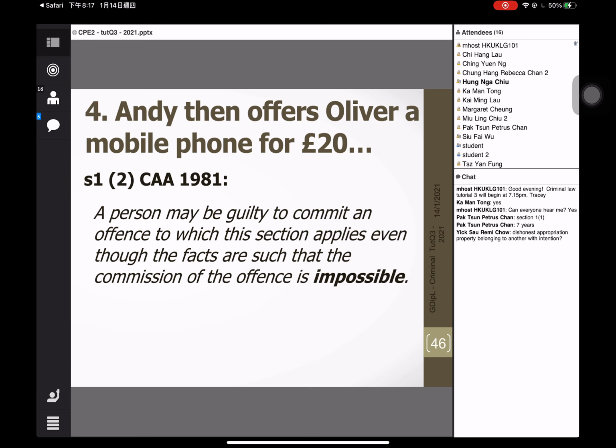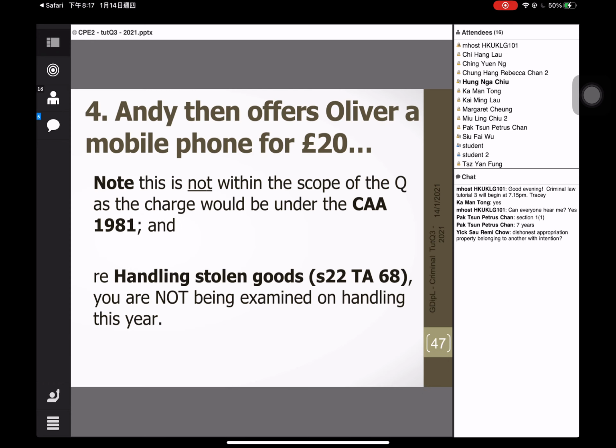So what the case of Shivpuri does is confirm that it is possible for a defendant to attempt to commit an offence which is legally impossible to commit, and by a literal interpretation of Section 1 subsection 2, that seems to be the right approach.